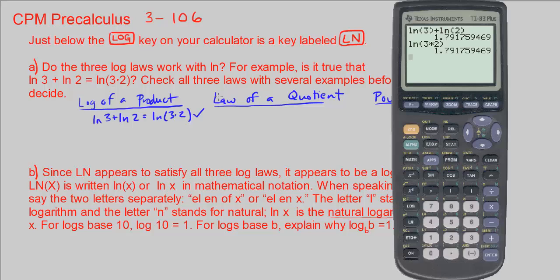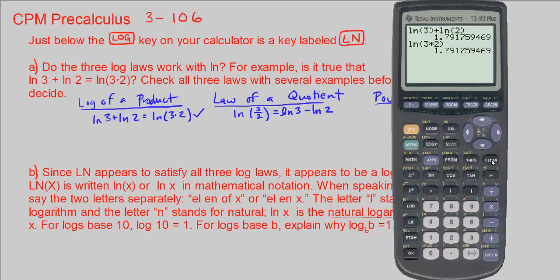The law of a quotient, remember, is where we do log of something over something. Let's try 3 over 2. It's not log here, we're testing ln. So ln of 3 over 2: is that equal to ln of the numerator minus ln of the denominator?